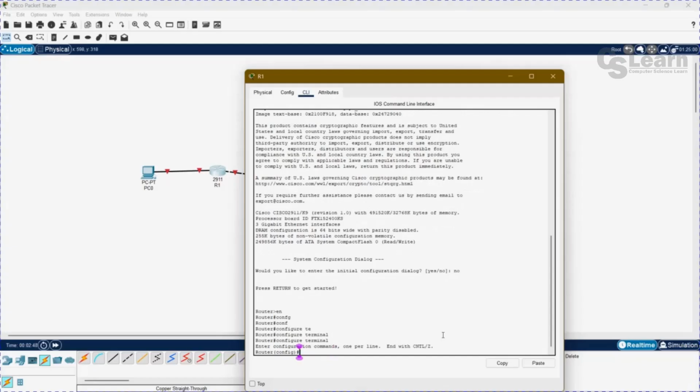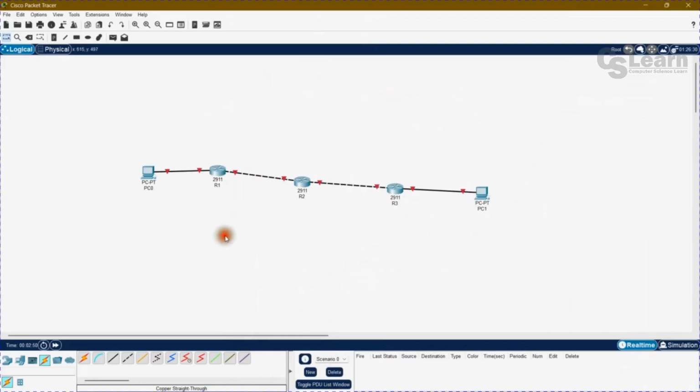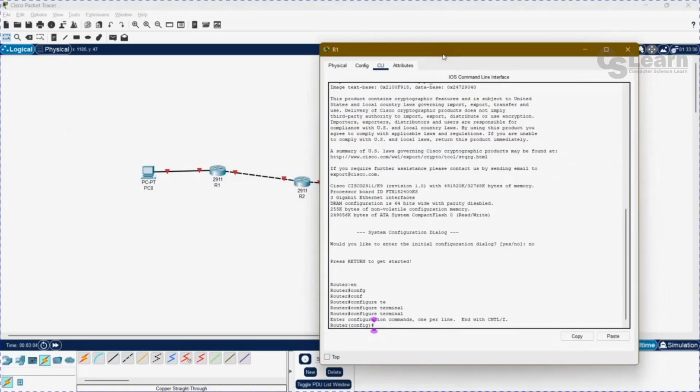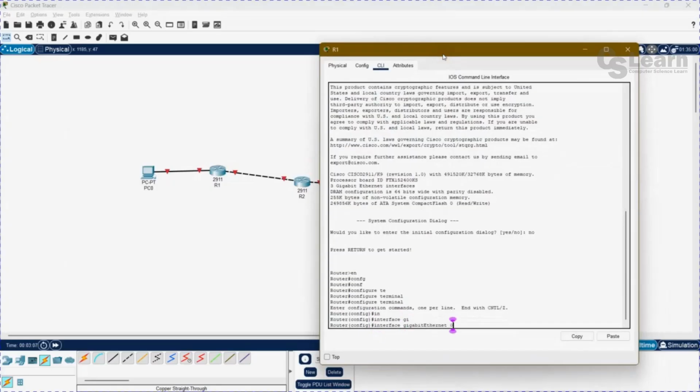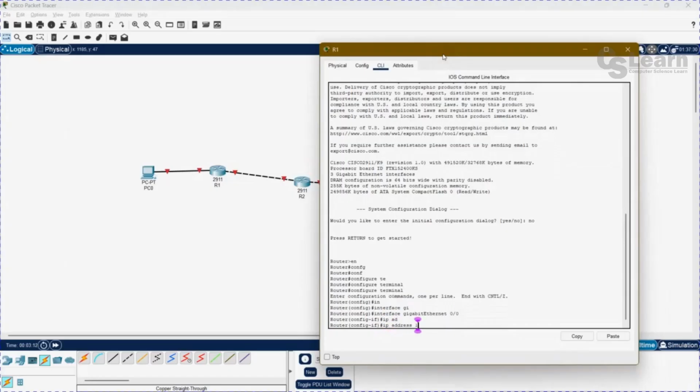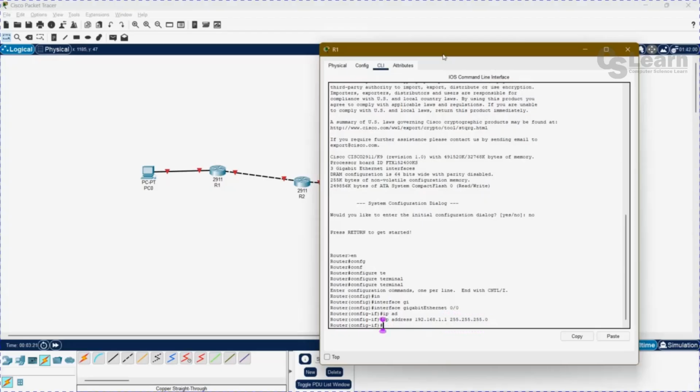First we need to configure the interfaces one by one. This one is connected by gigabit Ethernet 0/0. So interface gigabit Ethernet 0/0, IP address 192.168.1.1, 255.255.255.0, and no shutdown.